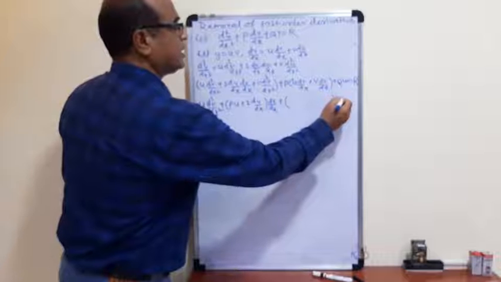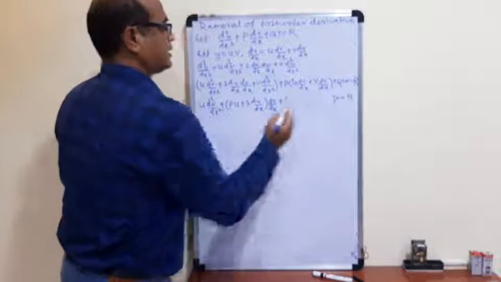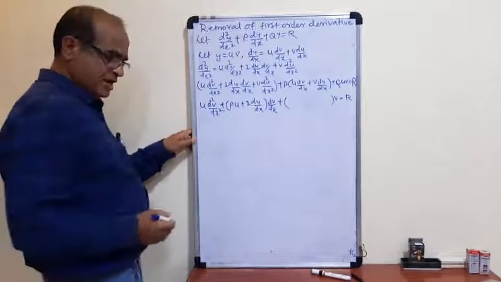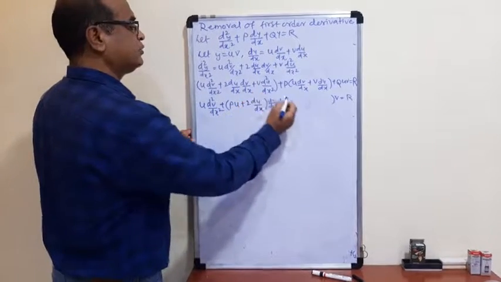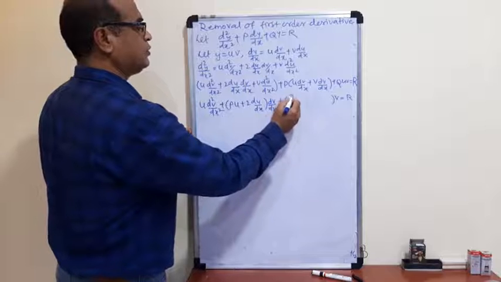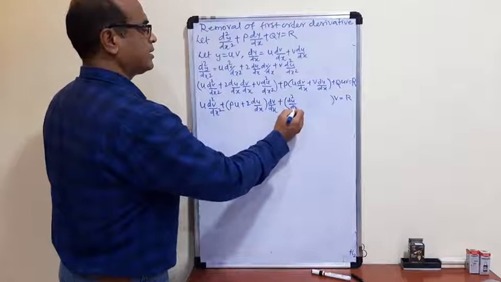So that is the coefficient of v, d2u by dx square.